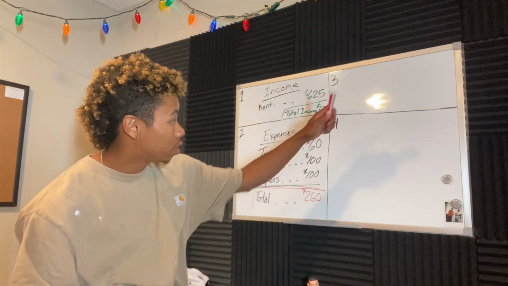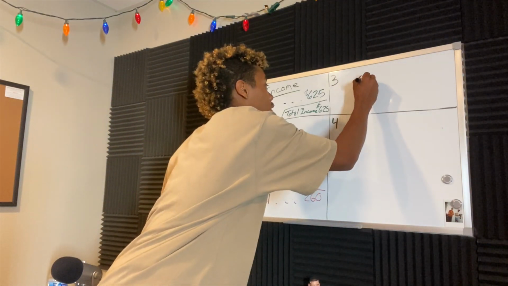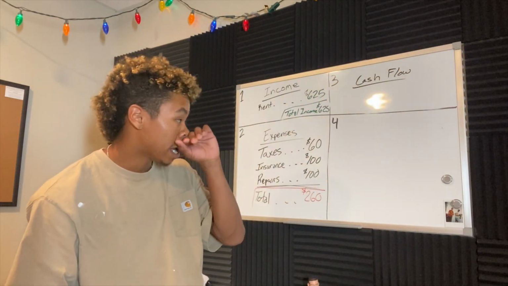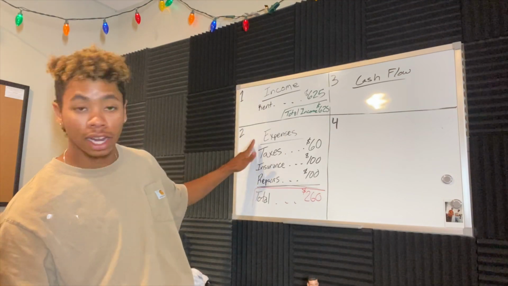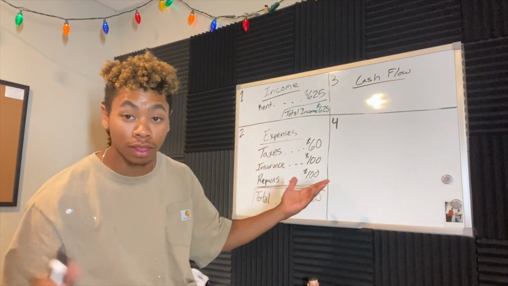Moving on to the third box up here, we have our cash flow. And cash flow is pretty easy to calculate. All you have to do is take box 1, your total income, subtract box 2, your total expenses, and that gets you your monthly cash flow.